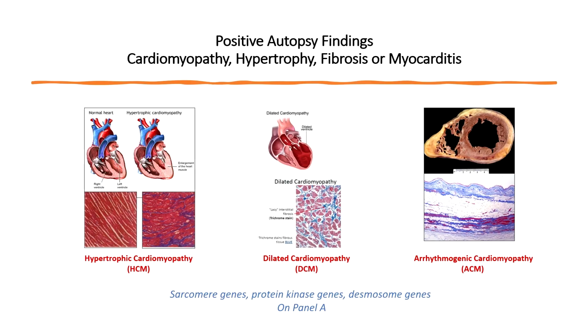When there is a cardiac pathology phenotype of hypertrophic cardiomyopathy, dilated cardiomyopathy, or arrhythmogenic cardiomyopathy, cardiac hypertrophy, fibrosis, or myocarditis, analyzing sarcomere genes, protein kinase genes, or desmosome genes in panel A is indicated.